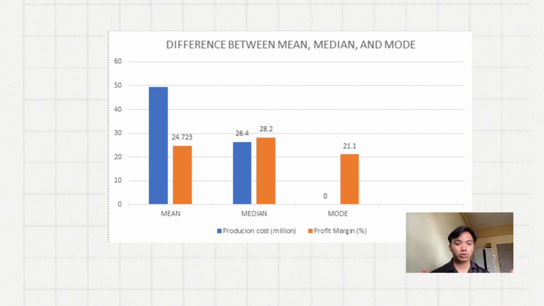So the conclusion of what I present today: the mean presents the average, the median is the middle value, and the mode is the most frequent value in any dataset. This chart helps compare the differences in value of production cost and profit margin.